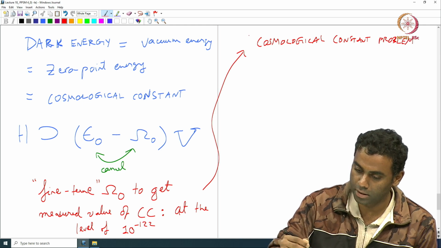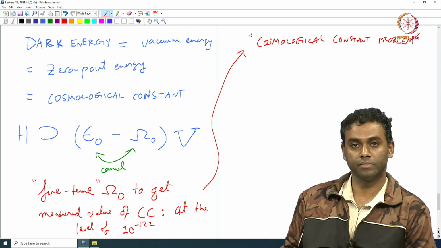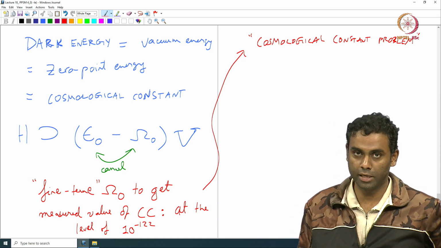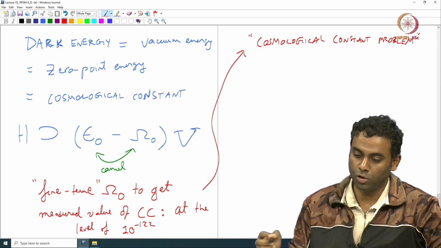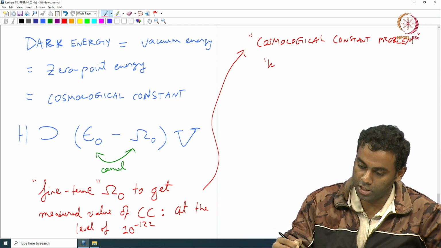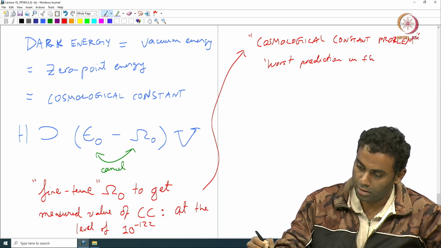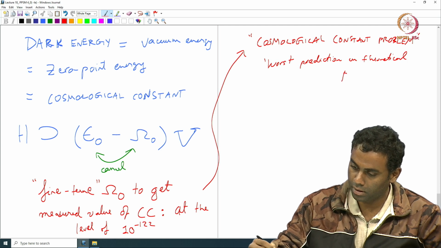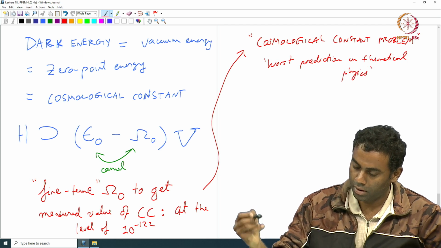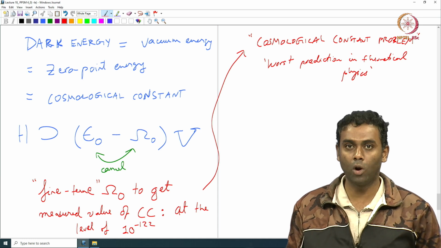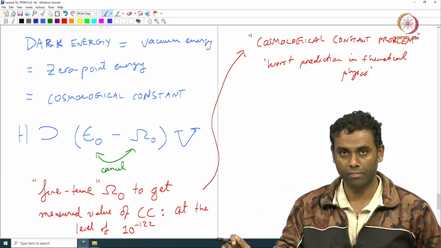And many people consider this the biggest problem in theoretical physics, and people also call this the worst prediction in theoretical physics. Why? You started with simple principles and then as an immediate consequence you got a number out which turned out to be 122 orders of magnitude off, correct?